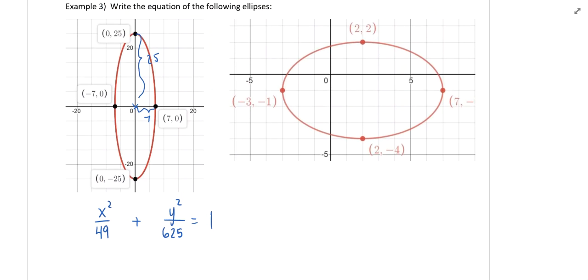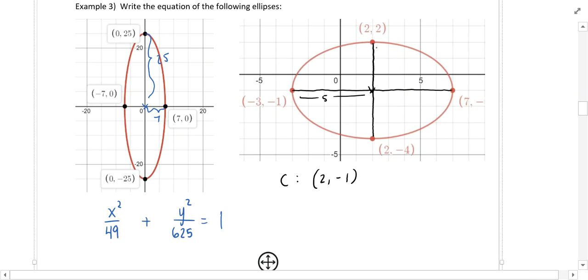So back to this one. It is a little trickier to find my center on this one, but what I like to do is just draw in that minor axis and draw in that major axis, and where they intersect will give me my center. So my center is here at 2, negative 1. Let's label that. Now I am headed 1, 2, 3, 4, 5 along this length.